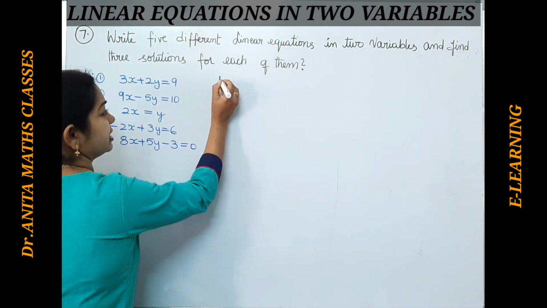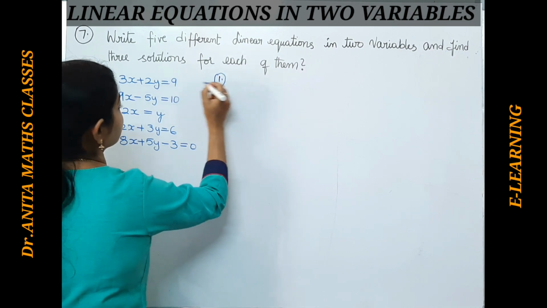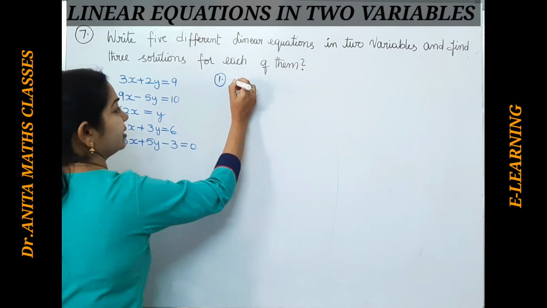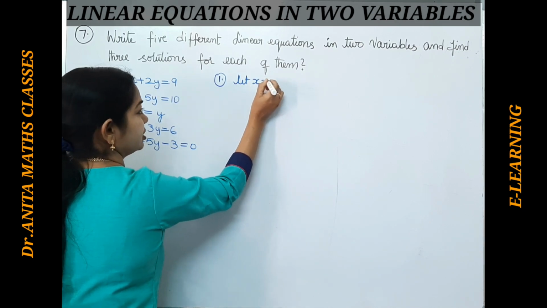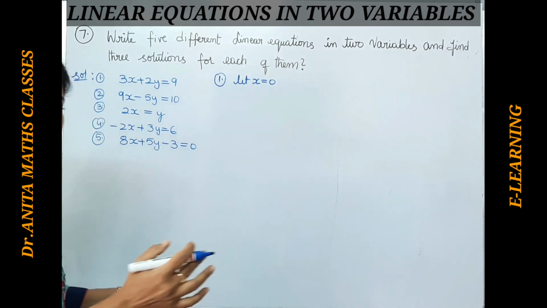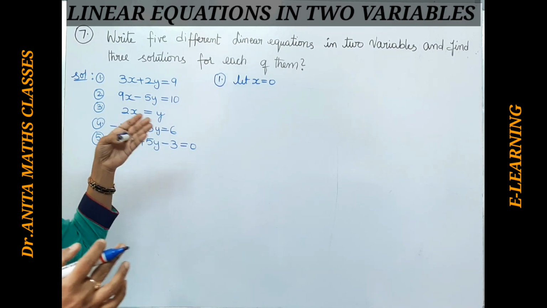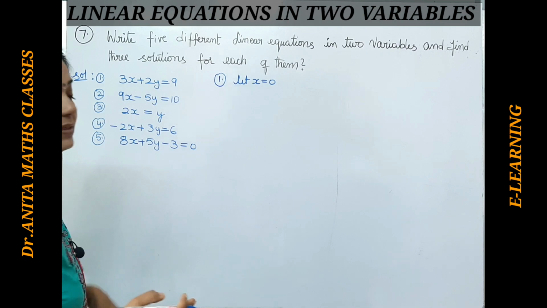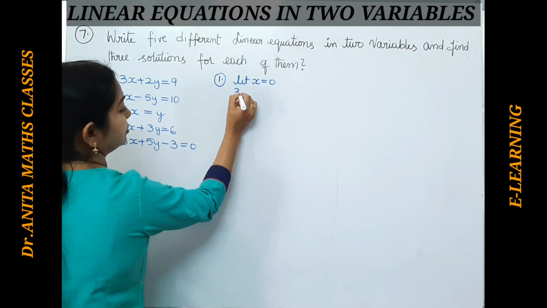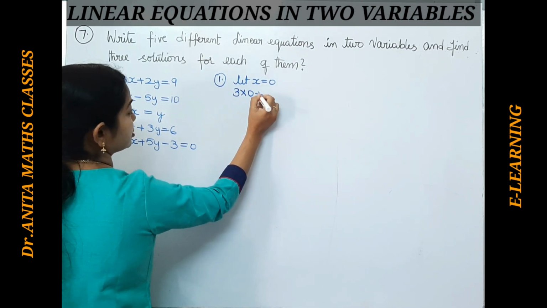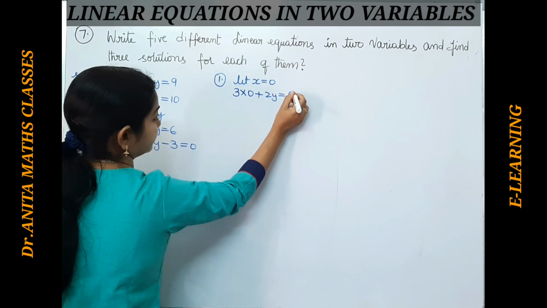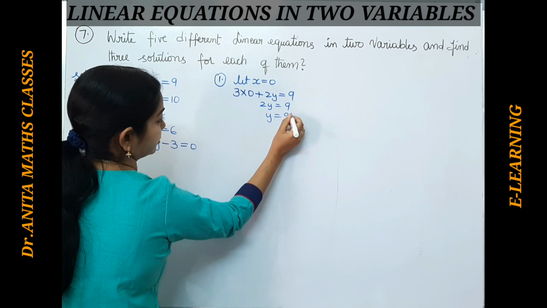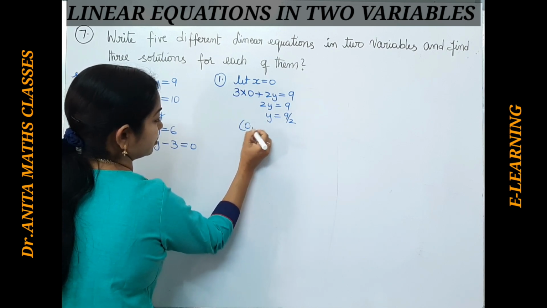For the first linear equation, let us find 3 solutions. Now for this, 3x plus 2y equals 9. I'll take x equal to 0. Always I am taking zeros, y value 0, x is 1, because giving simpler values will make our work easier. So 3 into 0 I am substituting, plus 2y equals 9 here. So 2y equals 9, y equal to 9 by 2. So when I substituted 0, I got 9 by 2.